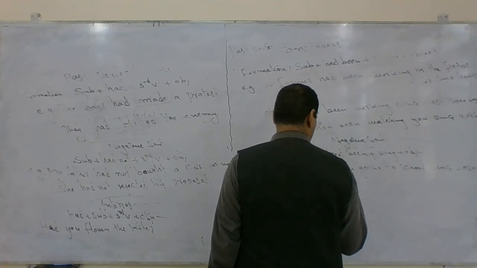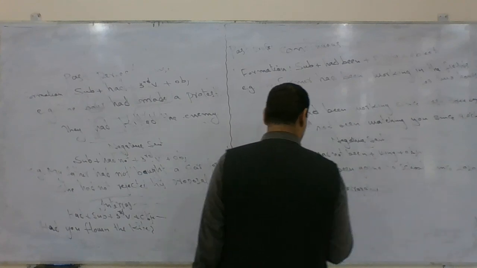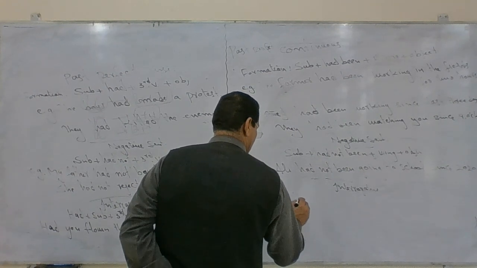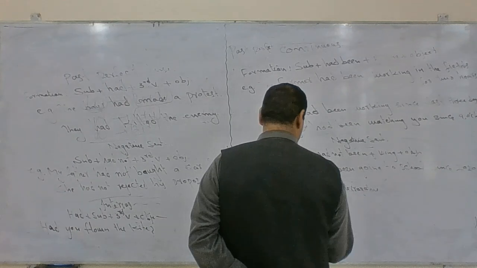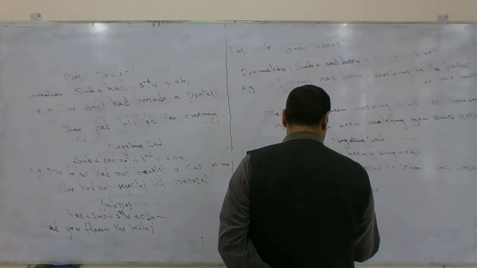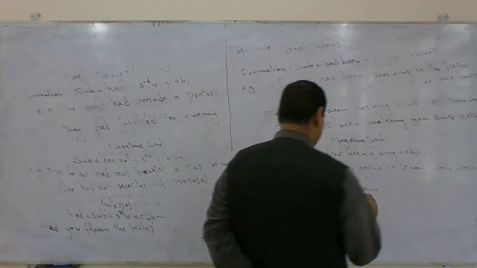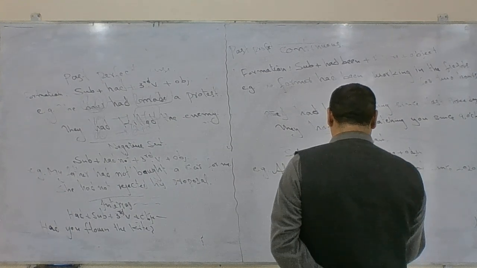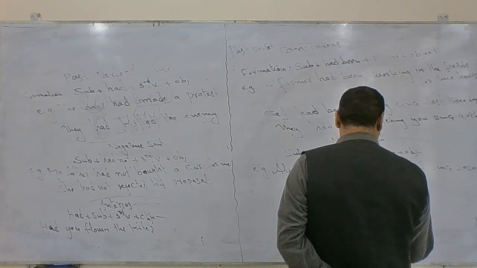अगर interrogative sentence लिखेंगे तो had बिगिनिंग में लिखेंगे, यानी had plus subject plus been plus verb ing form and then object.